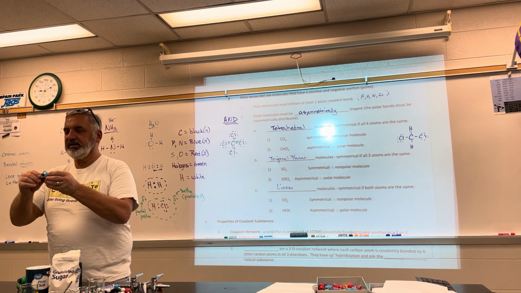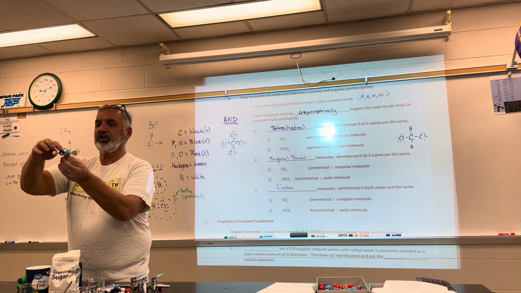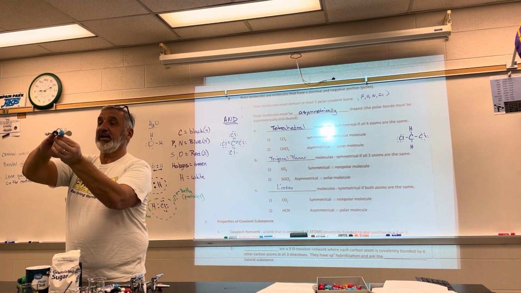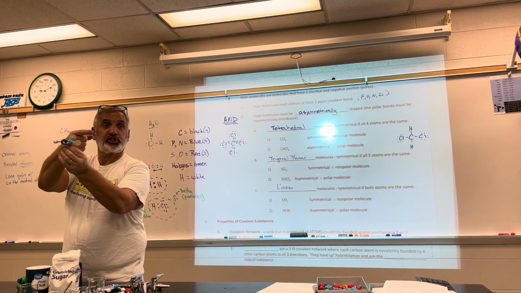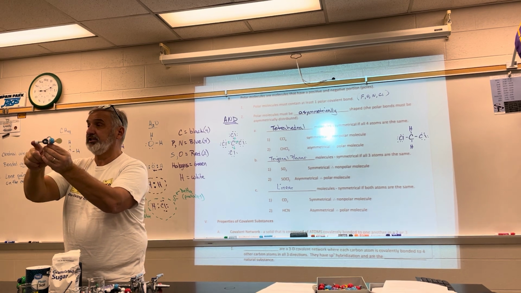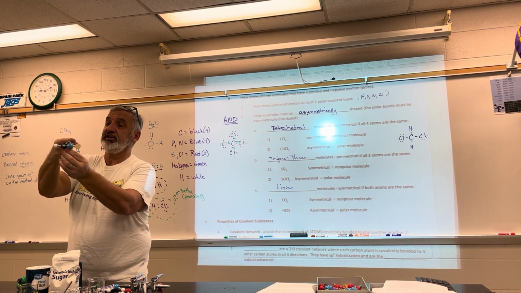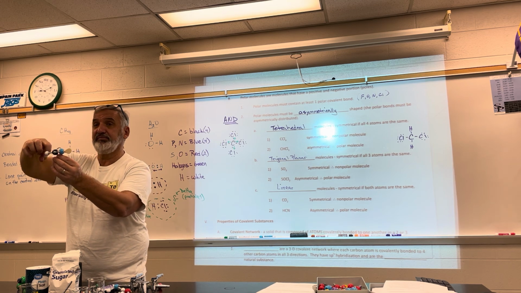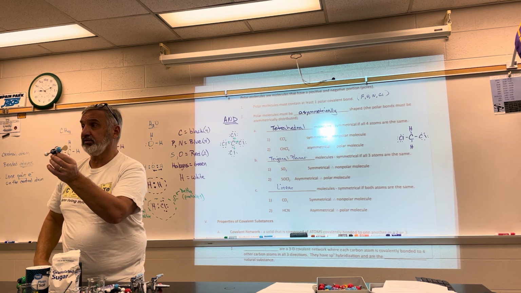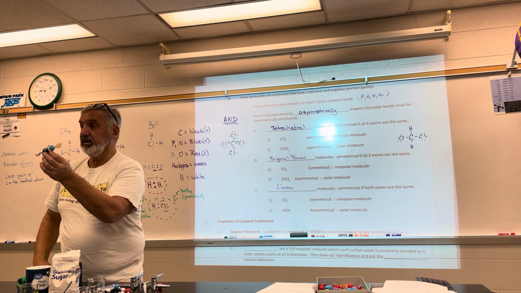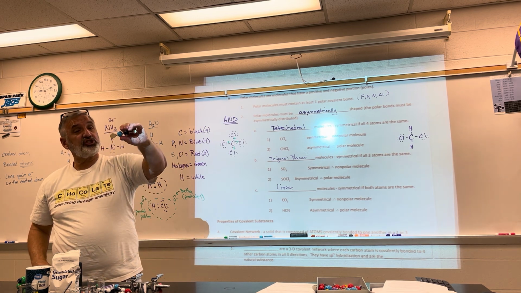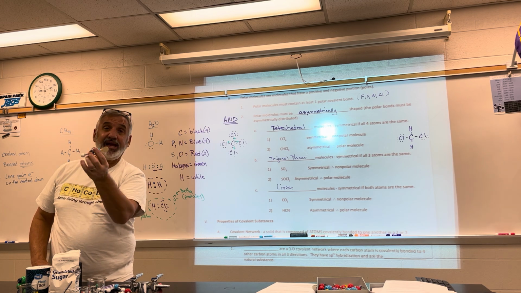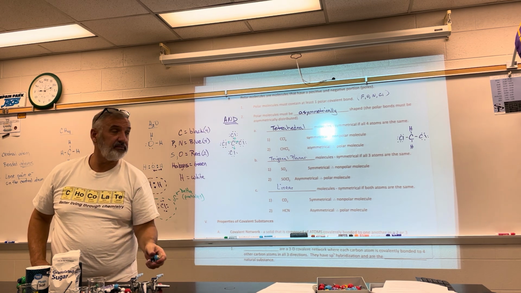Okay, so here's your HCN. Here's your carbon, your nitrogen, so again, here's my central atom. The nitrogen's got a much stronger electronegativity than hydrogen does. So the electrons are all going to be drawn this way. So we're going to have a negative pole over here and a positive pole here. It's asymmetrical. Okay? So as a result, it would be a polar molecule. You've got polar bonds present, and it's asymmetrical, so it's going to be polar.